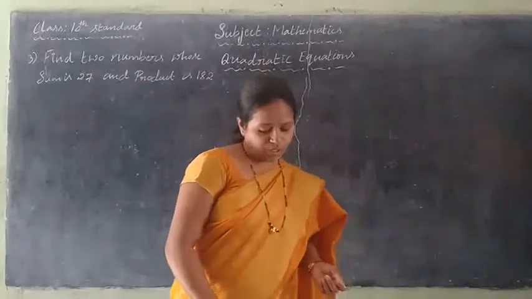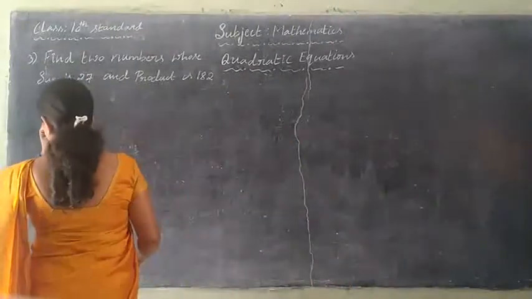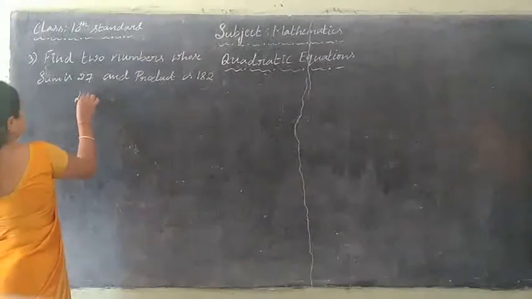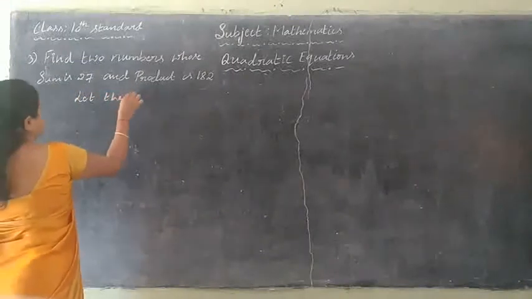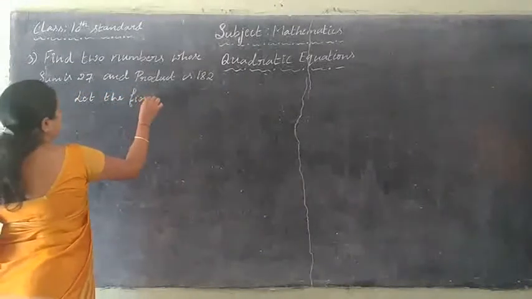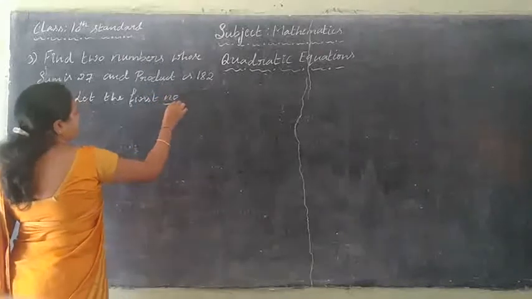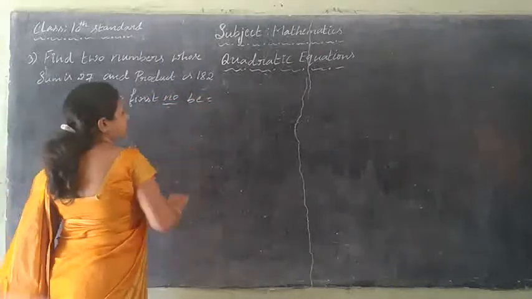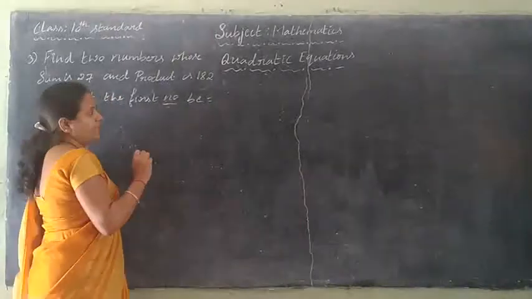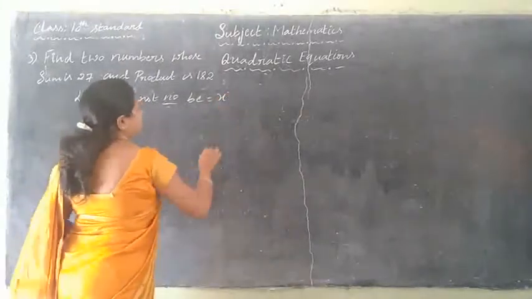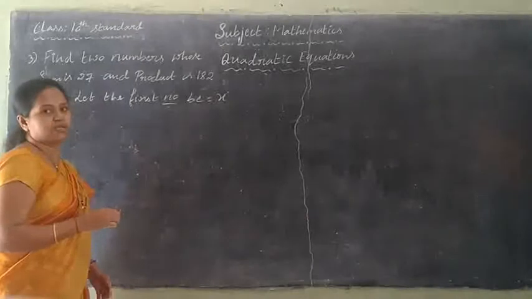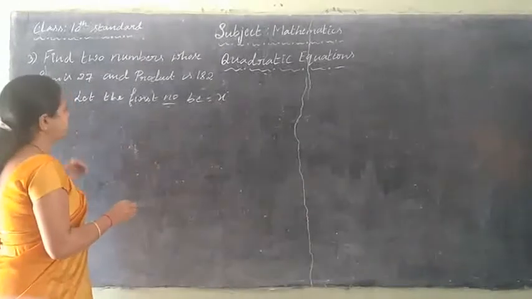Got it? So let the first number be, children, what are we going to consider? Yes, let the first number be x. Understood? Okay. Next, the second number, children.